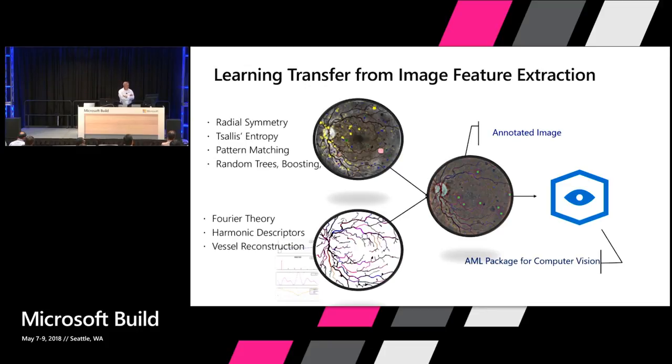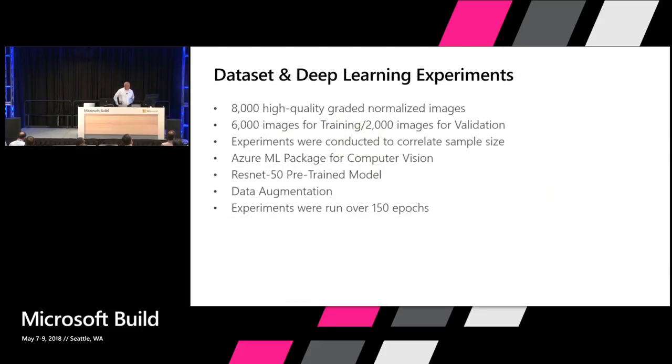All those images are sent to a convolutional CNN classifier. In our case, it's a CVNT. The classifier is trained on 6,000 images and validated on 2,000 images.